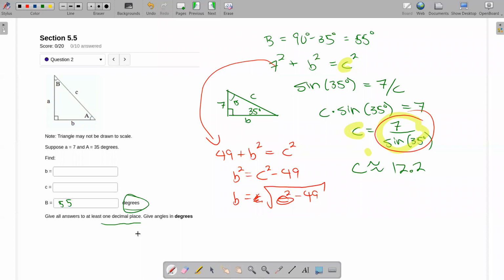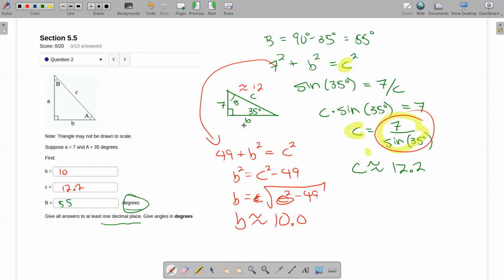So B is approximately, to 1 decimal place, and again, avoid rounding intermediately, which I let the computer do for me, about 10. So B is about 10 and C is about 12.2. Does that seem reasonable on my picture? If that's 7, I think this is approximately 12.